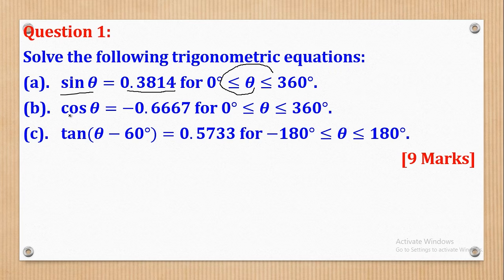And part B, cos theta equal to negative 0.6667 for values of theta ranging from 0 degrees to 360 degrees. Then part C, tan of theta minus 60 degrees equal to 0.5733 for values of theta ranging from negative 180 degrees to positive 180 degrees.